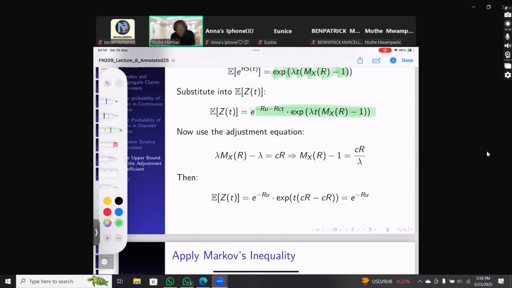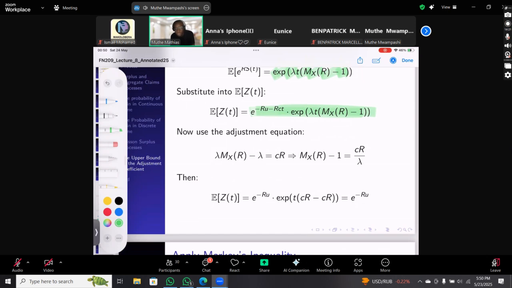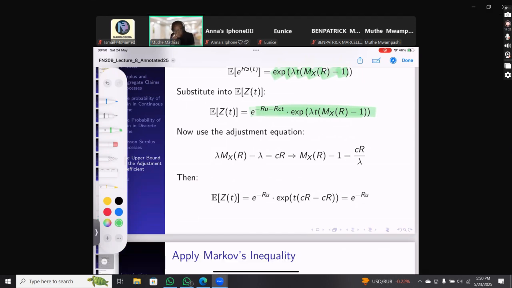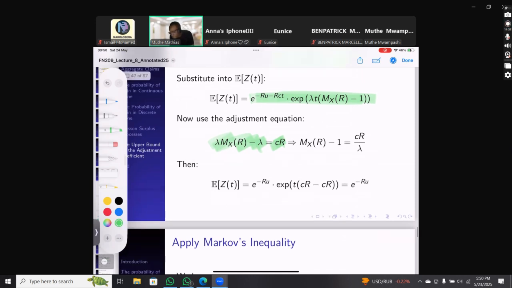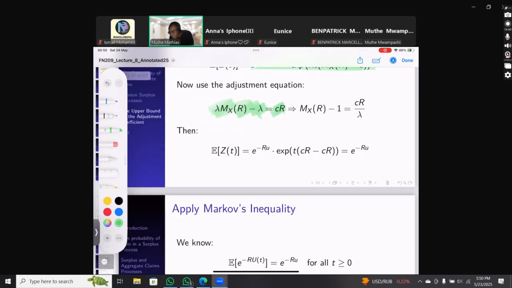But now we know the relation between the premiums, the relation between c, and we can rearrange this equation further because we know that from the adjustment equation, this equation should hold. So these two parts should be equal, right? Then you can rearrange further, and if you substitute that, you're going to end up with something like this one here.